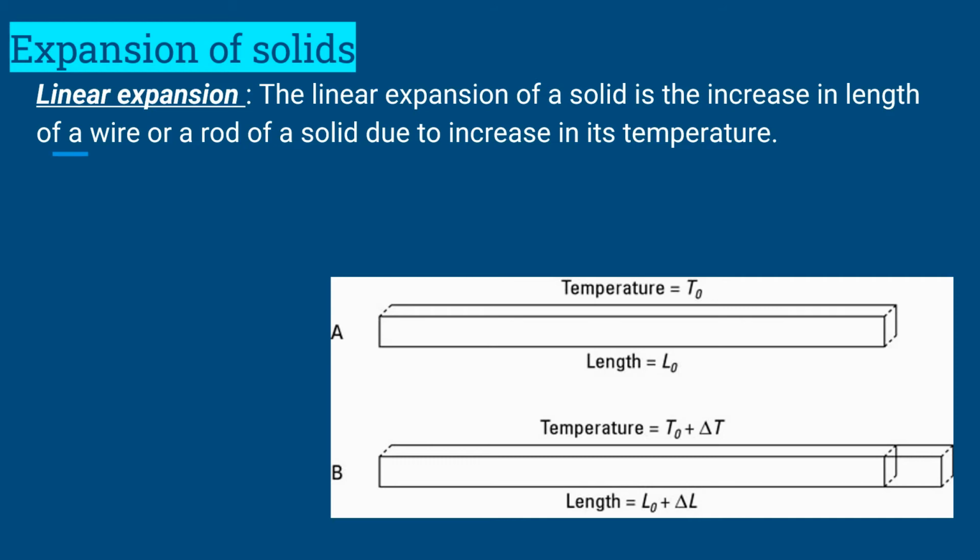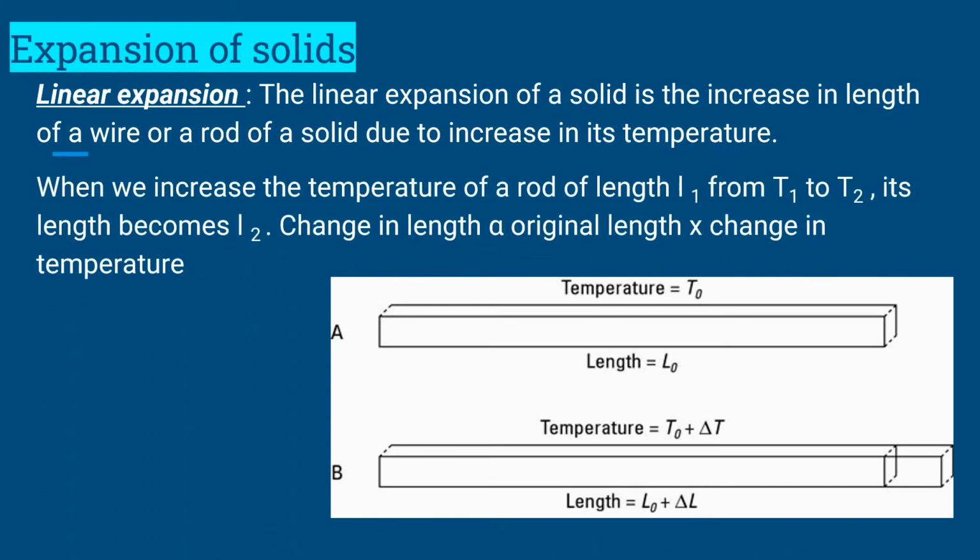So when we increase the temperature of a rod of length L1 from T1 to T2, its length becomes L2. Now change in length is directly proportional to original length into change in temperature. So change in length is L2 minus L1 and change in temperature is delta T. Original length is L1. This symbol over here is called the direct proportionality symbol.